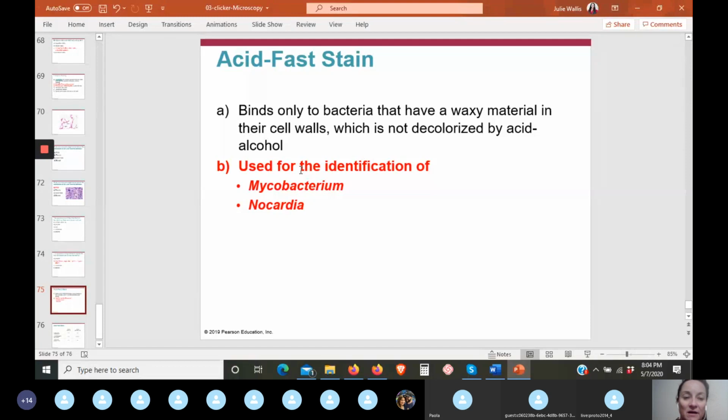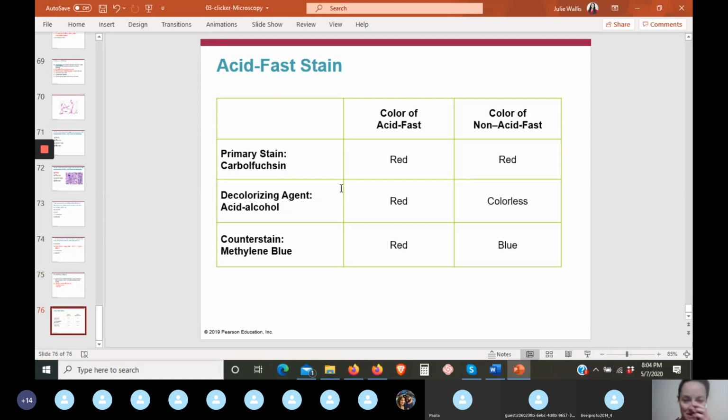Two examples of acid-fast bacteria are Mycobacterium and Nocardia. As we go through the session, you're going to learn the different species names of the bacteria, but they have a waxy substance on the outside that resists staining. And then this last slide gives you a chart that explains the different steps of the acid-fast staining.